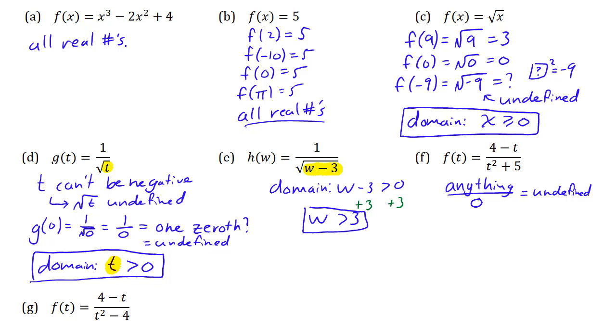So if t squared plus 5 is equal to 0, that will make this thing undefined. And what values of t make t squared plus 5 equal to 0? Well, t squared is always positive, and if you add that to 5, you're going to get something that's always bigger than 5. So this has no solution. You could also find that this has no solution a few other ways too.